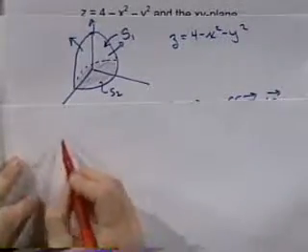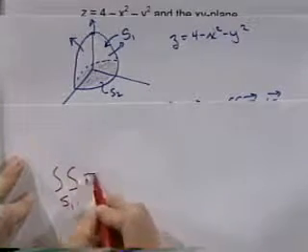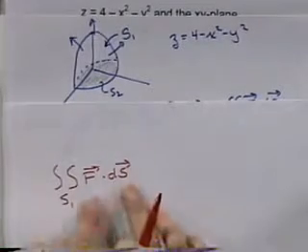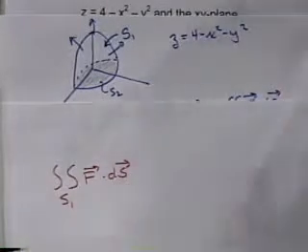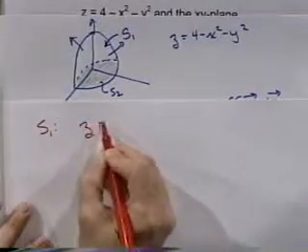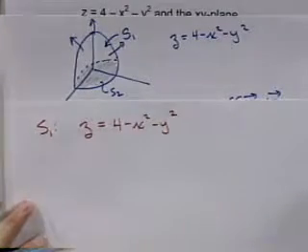So I want to figure out what the integral is over S1 of f dot ds. Before I do anything, I got to figure out what's my ds for S1. S1 is the upside down paraboloid z equals 4 minus x squared minus y squared.